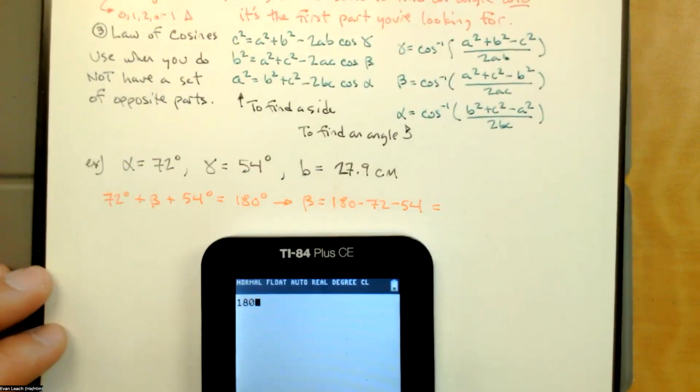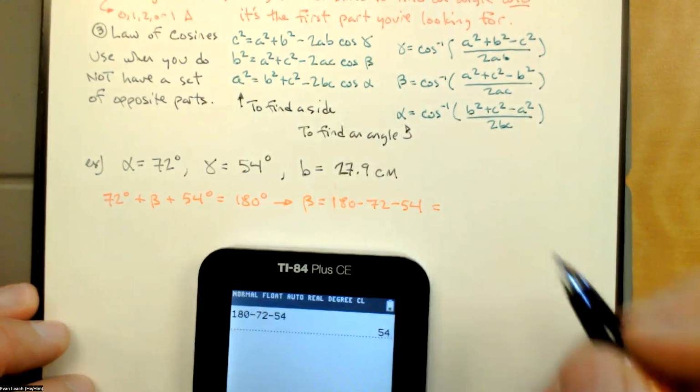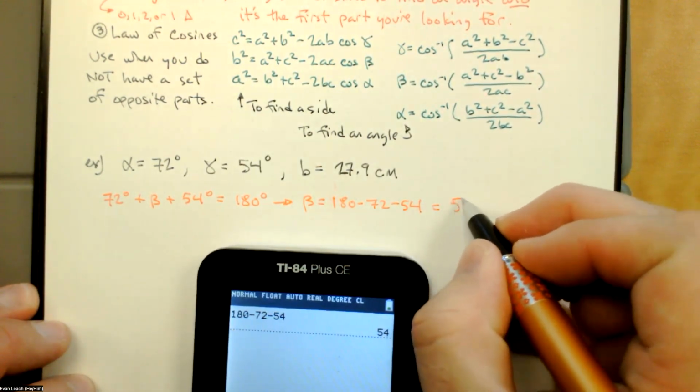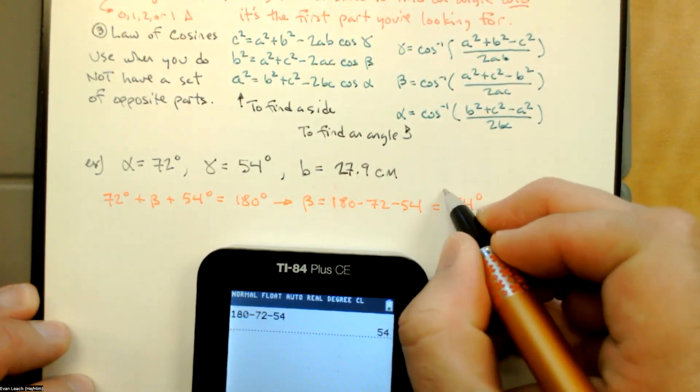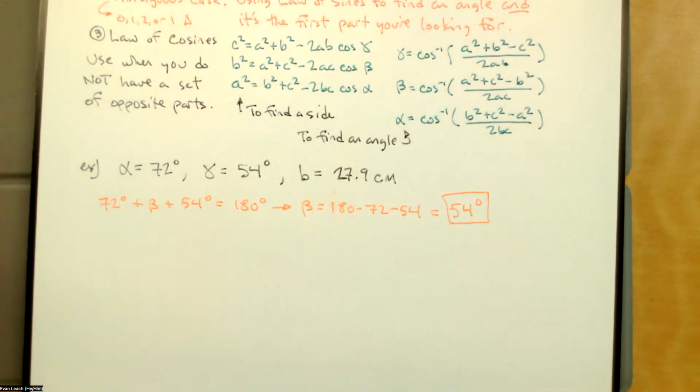So 180 minus 72 minus 54, which gives beta equal to 54. If you have two angles, you subtract to find the third angle. Now we definitely have a set of opposite parts.